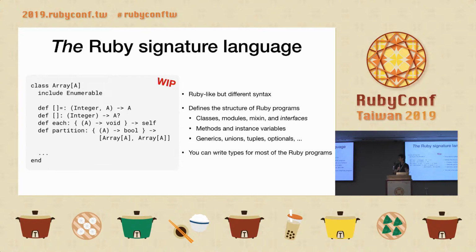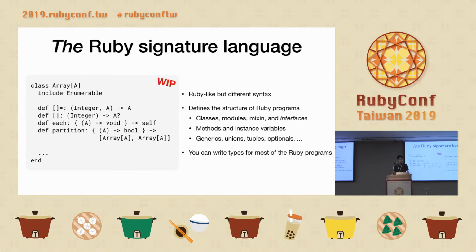It doesn't appear in the Ruby class, but it's used for type checking. So we define methods and instance variables, and the types include generics, unions, tuples, or optionals. So the type language is rich enough, and I believe that we can write the types for most of the Ruby programs.